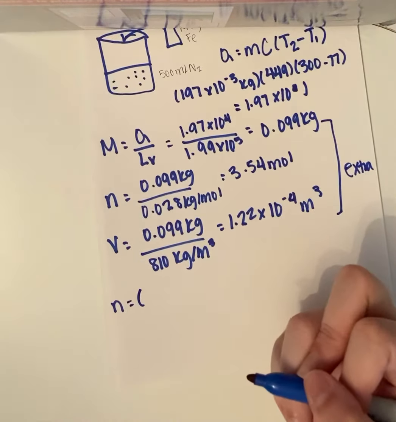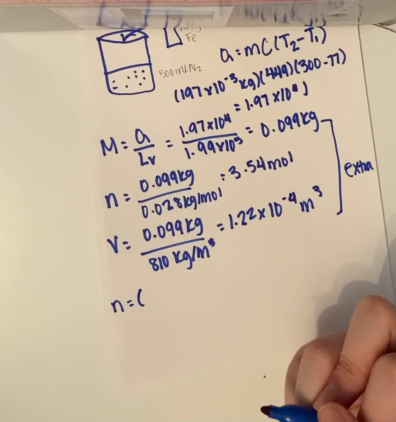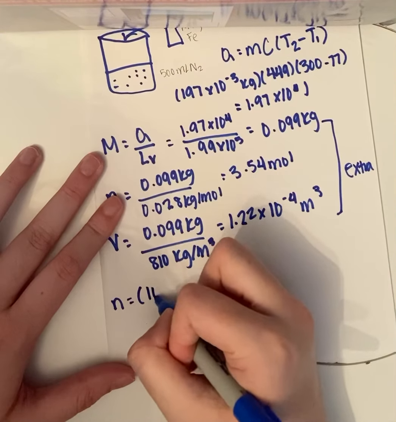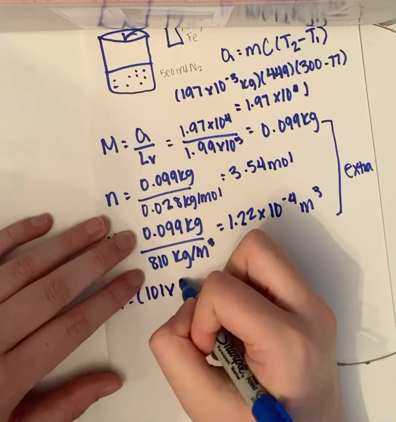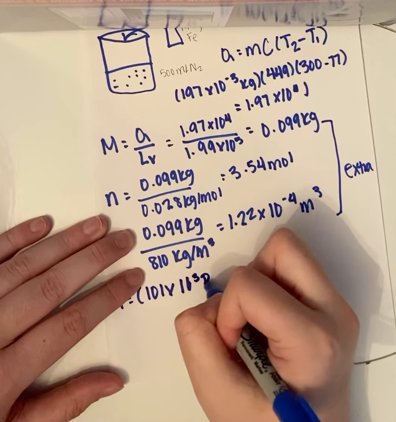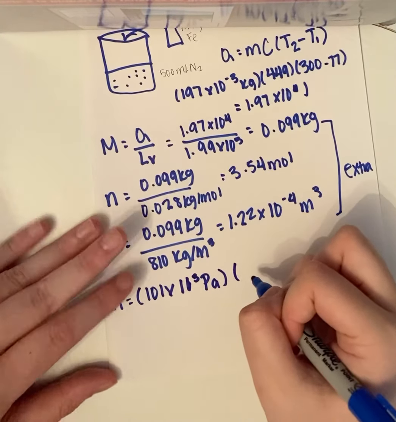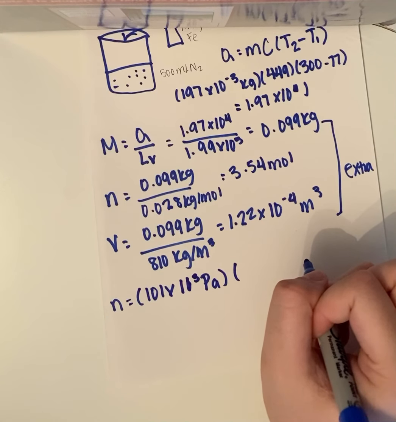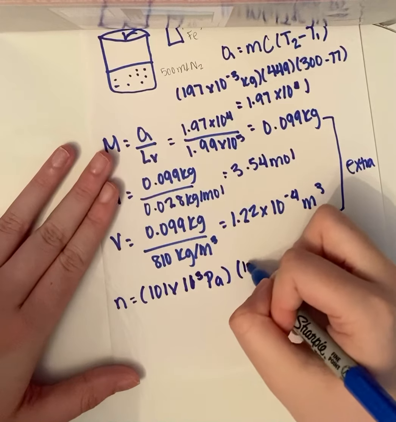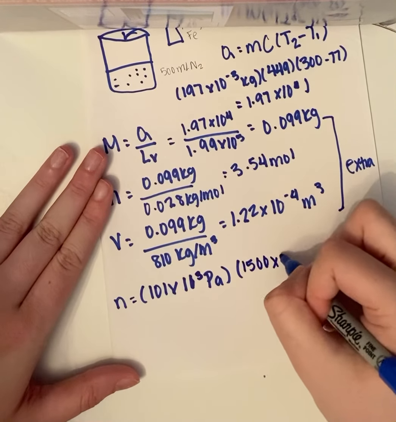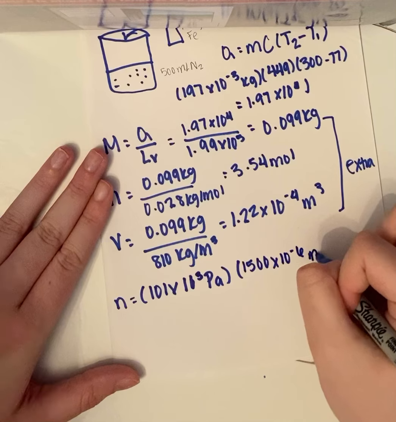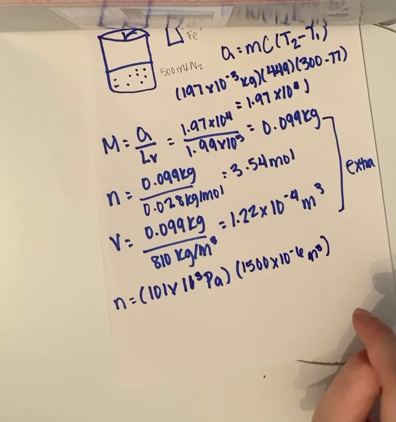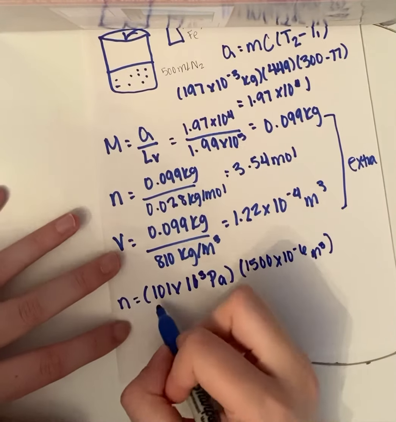Since it's an insulated thermos, we're going to assume the pressure is 1 atmosphere, which is 101 times 10 to the 3rd pascals. The volume we are going to use is 1,500 times 10 to the negative 6 meters cubed, and this is the volume of the gas nitrogen before the heat transfer.